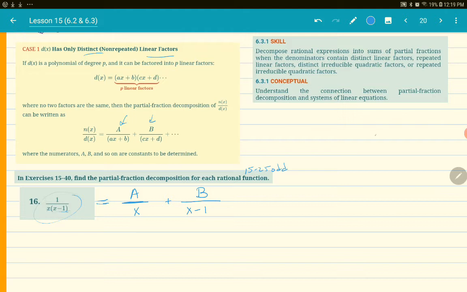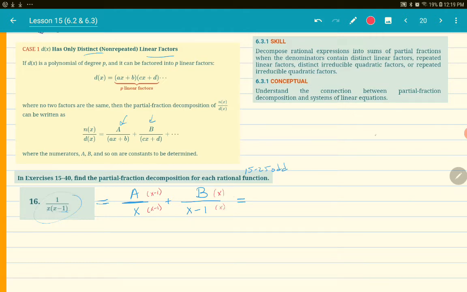So what happens if I did add them together? What does that look like? Well, to add them together, I have to get a common denominator. So I'd have to multiply a over x by an x minus 1. And the b over x minus 1, I would need a factor of x in there. So I'd have to multiply both of those by x.